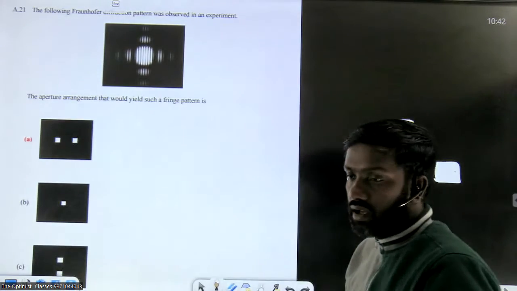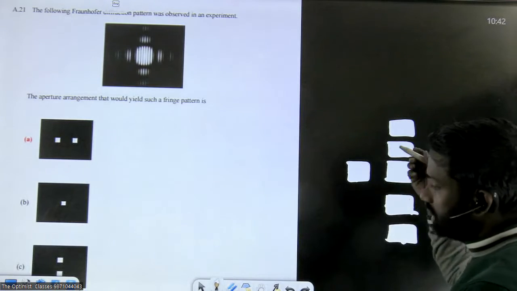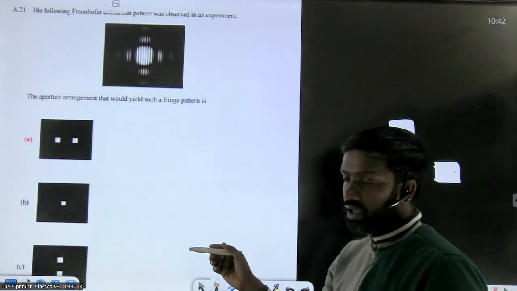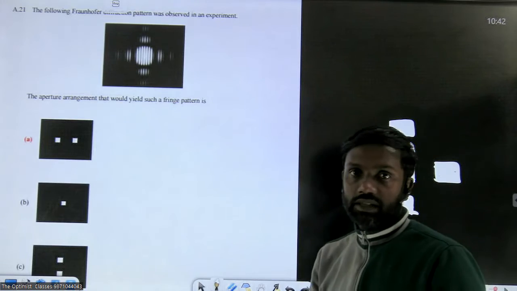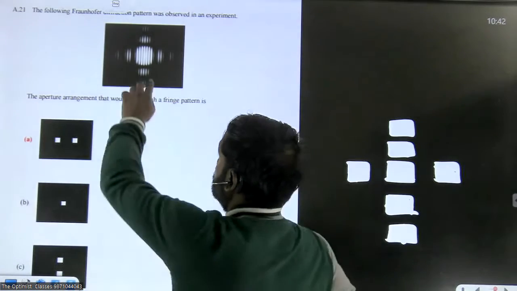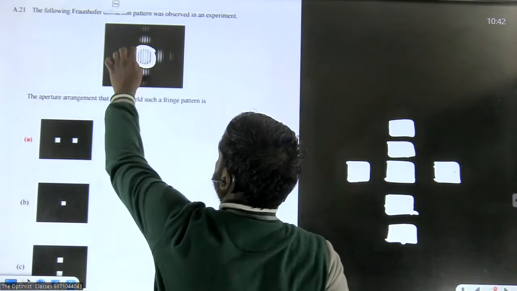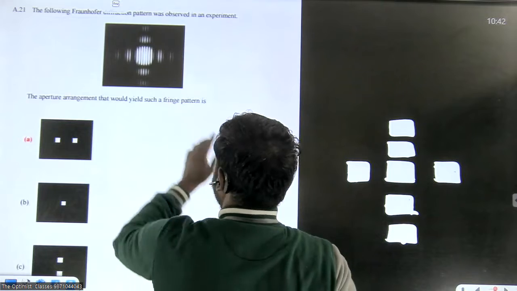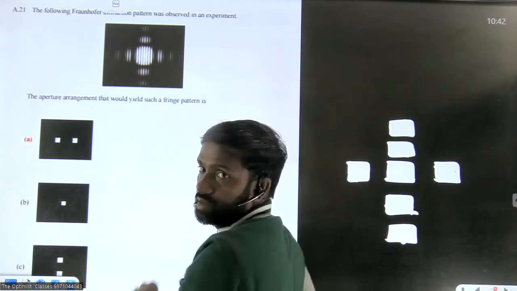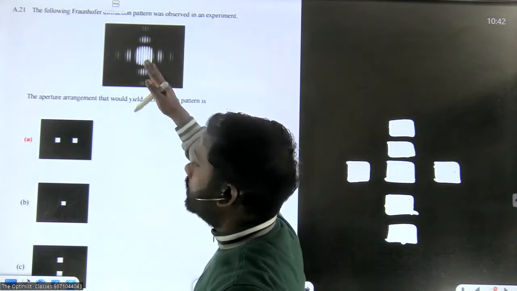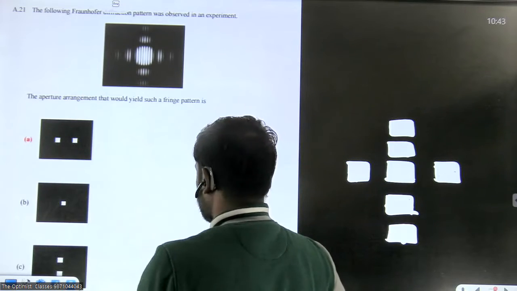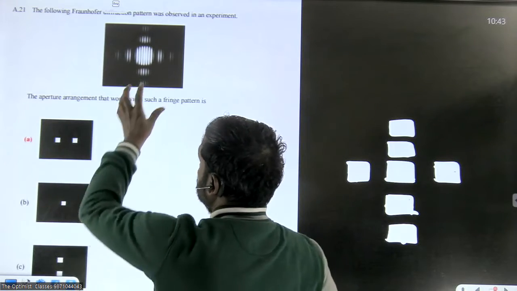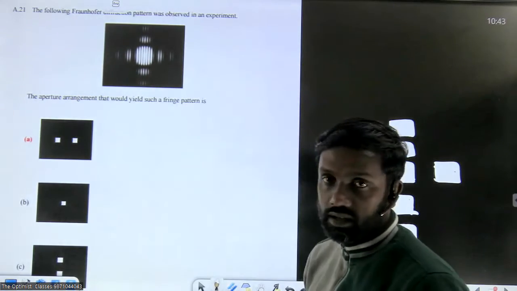Remember, if inside the primary maxima there are some secondary maxima, that can happen only if there are multiple slits. Inside this whole primary you can see there are fine lines of maxima and minima. So that can happen only if there is more than one slit. Therefore the option of one slit is not possible, so it is not a diffraction pattern of a single square aperture.